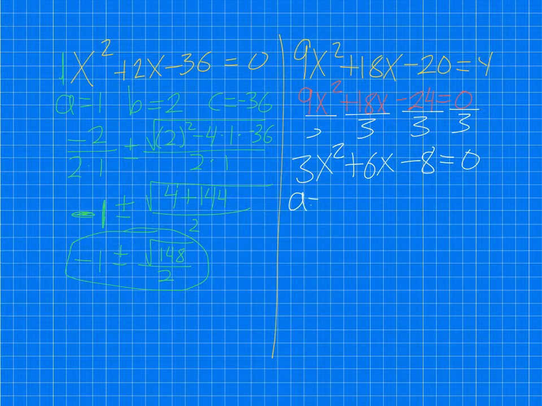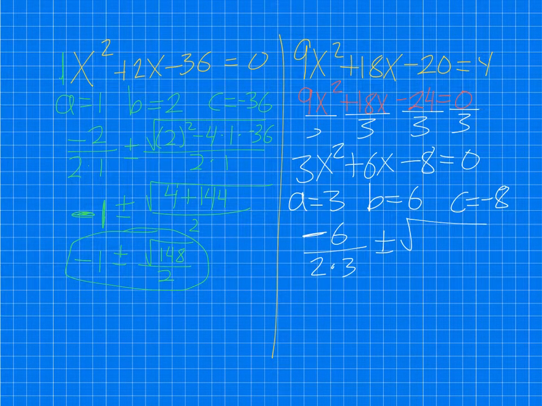So we've got a is equal to 3, b is equal to 6, c is equal to negative 8. So quadratic formula, negative b, so negative 6 over 2 times 3, plus or minus the square root of 6 squared, minus 4 times 3 times negative 8, and that's going to be all over 2 times 3.